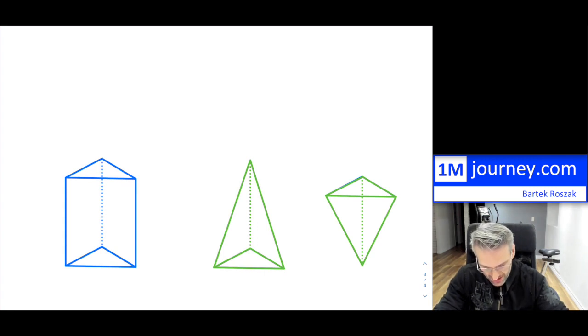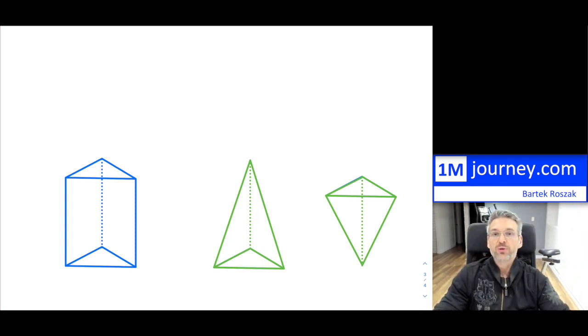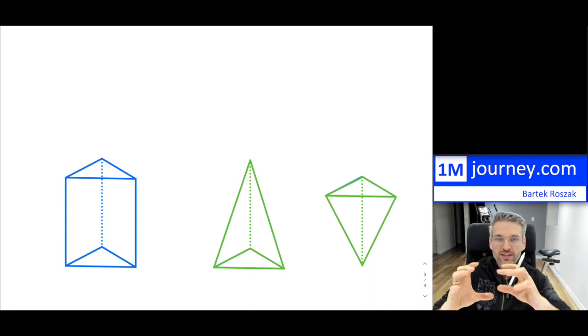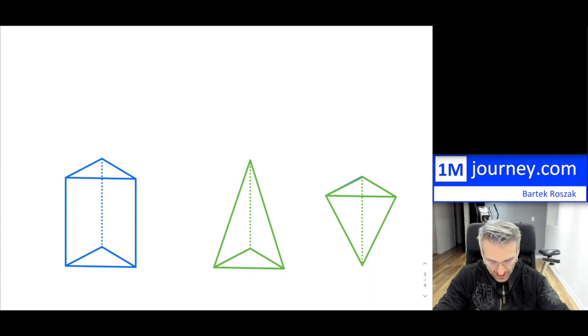The reason is because I want this to be broken down, and as you can see here, it's going to create 90 degrees within here, and that's going to be crucial to be able to show for all other prisms and then pyramids that it is indeed 1/3. That's that constant in front of the volume equation that we have.